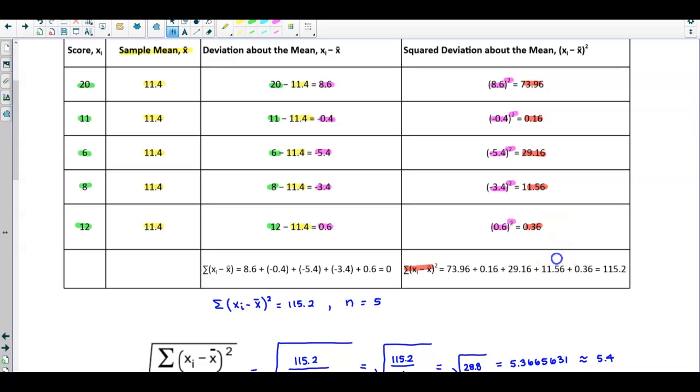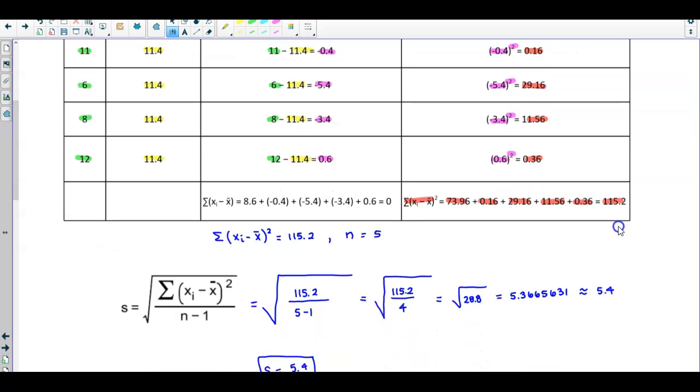Now in our last column, we want to add these all up: 73.96, 0.16, 29.16, 11.56, and 0.36, to give us a total of 115.2. This represents the sum of the deviation squared.